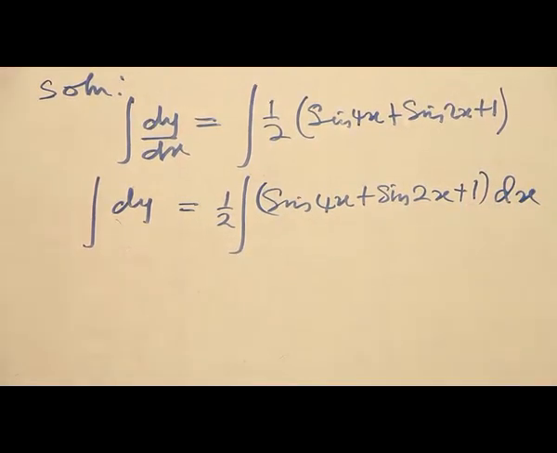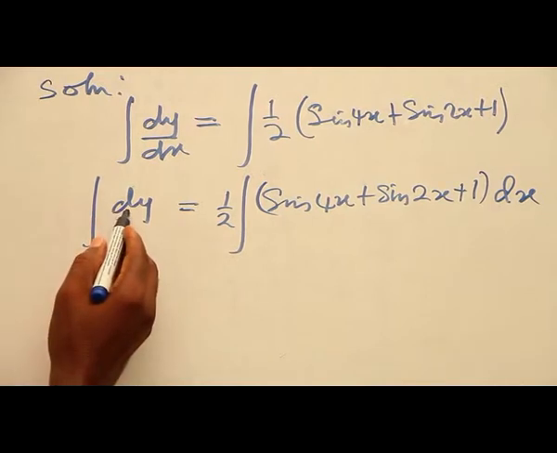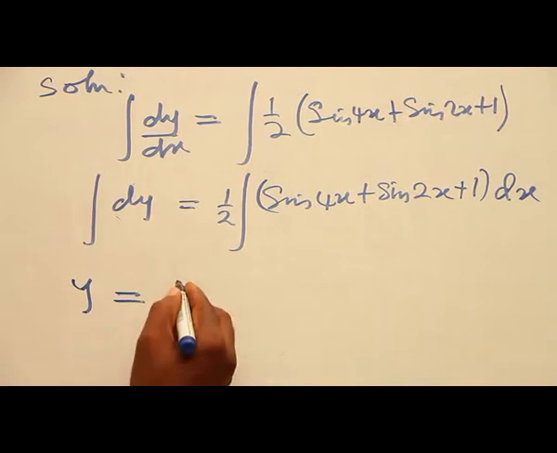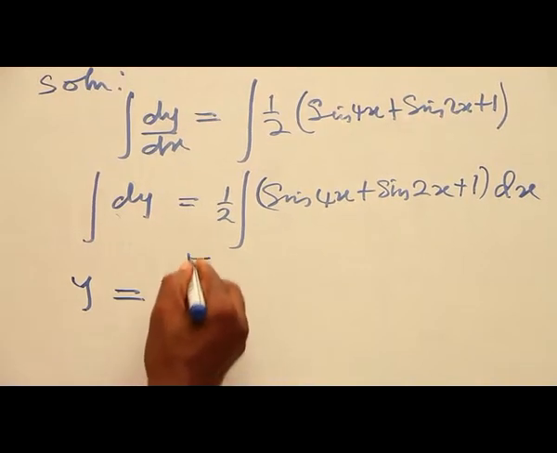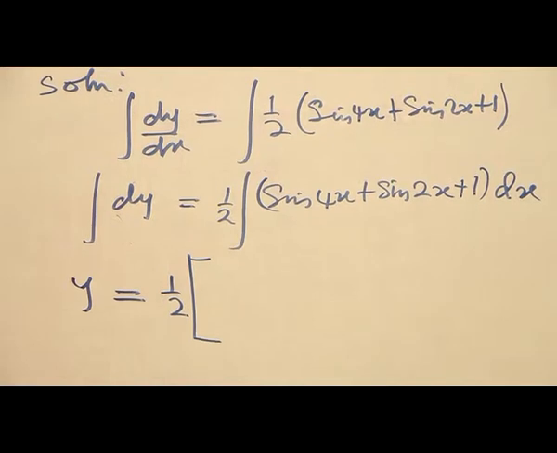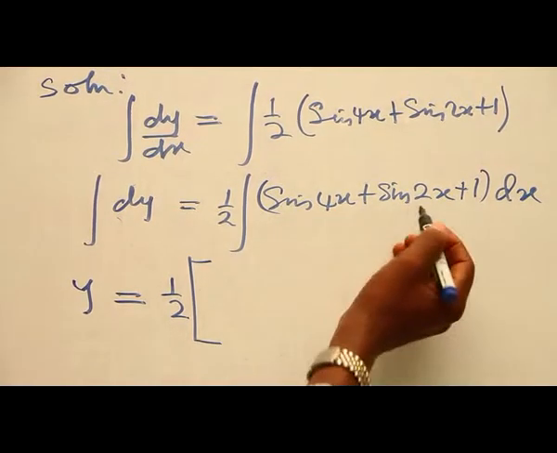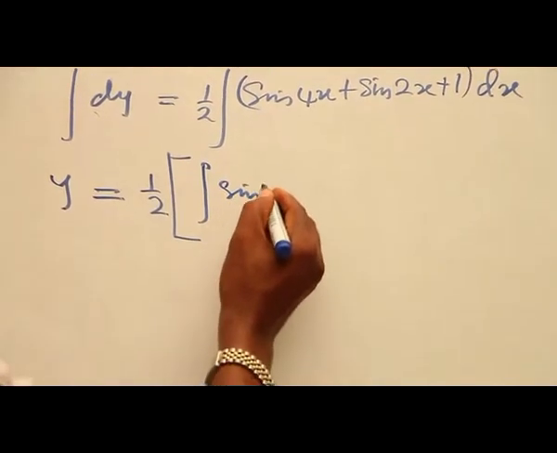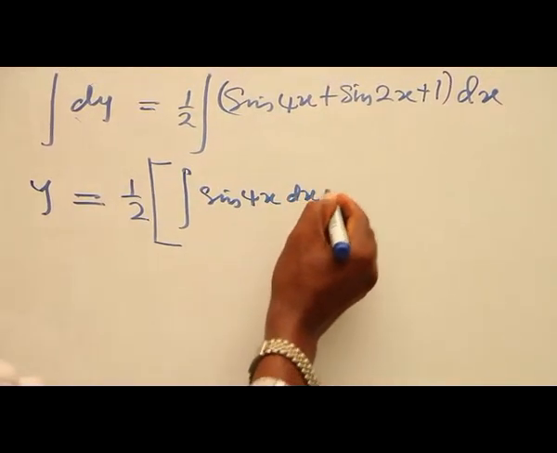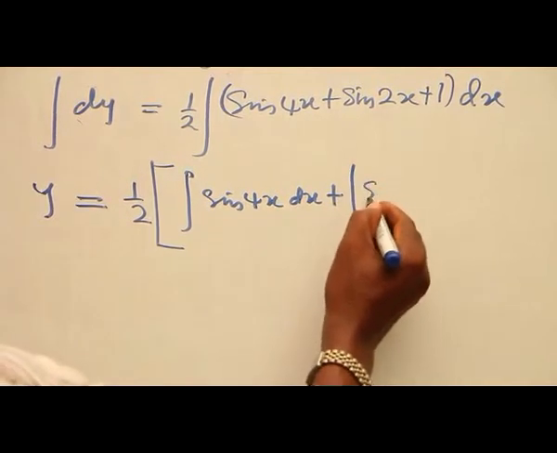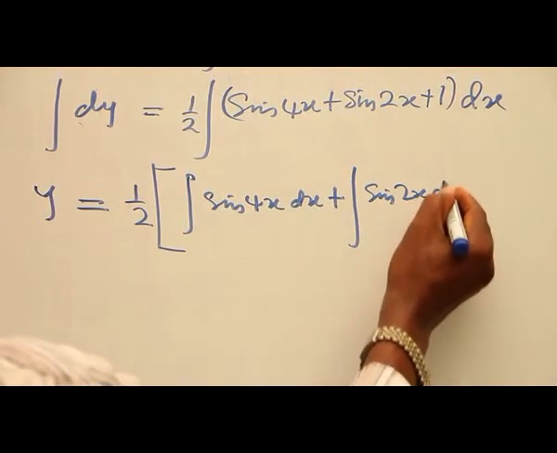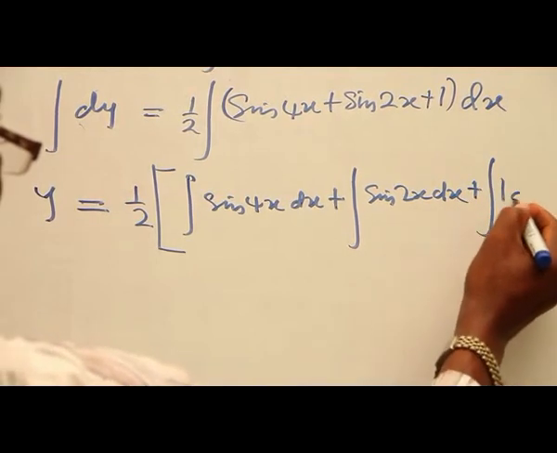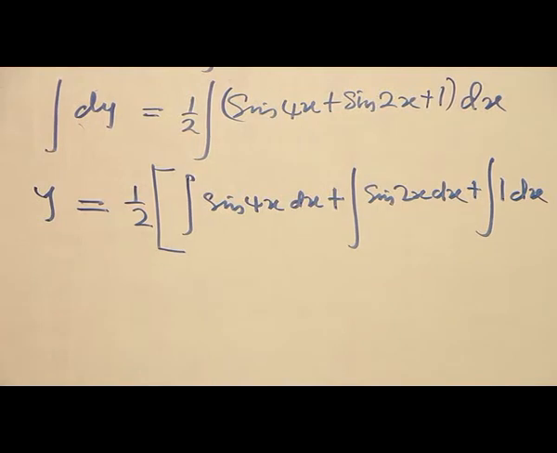Good. So your integral will cancel your derivative, giving you y equal to your half, open the big bracket, you integrate the function here 10 by 10, so we integrate our sin 4s with respect to s, we will integrate our sin 2s with respect to s, then plus we will integrate our 1 with ds.